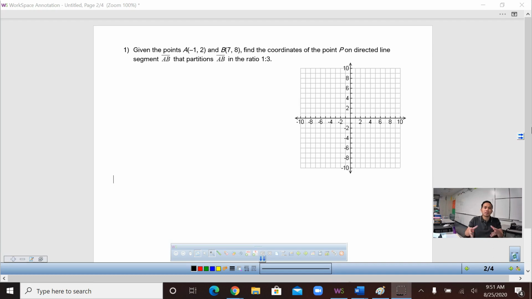When we say directed segment, this is a segment that has a distance, meaning there's a length, and also direction. It is important to understand that the directed segment has a starting point referred to as the initial point.